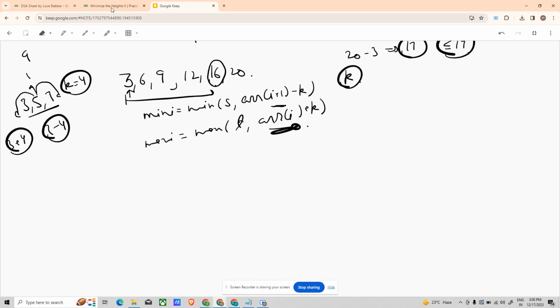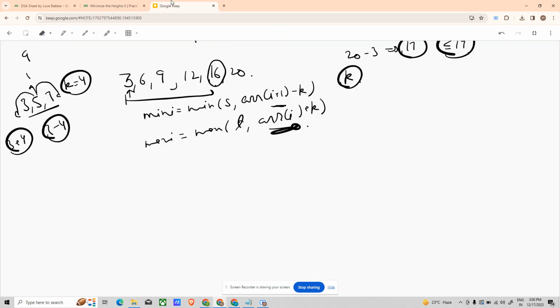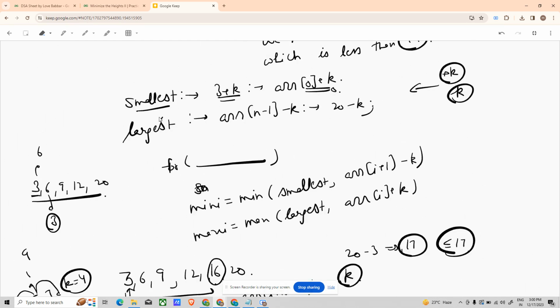Now, the question also says the resultant array should not contain any negative integers. Obviously, we are given the tower heights. Tower heights can never be negative. So, if our mini is less than 0, we will have to discard it, because while computing smallest, we did plus k, so smallest is a positive number.